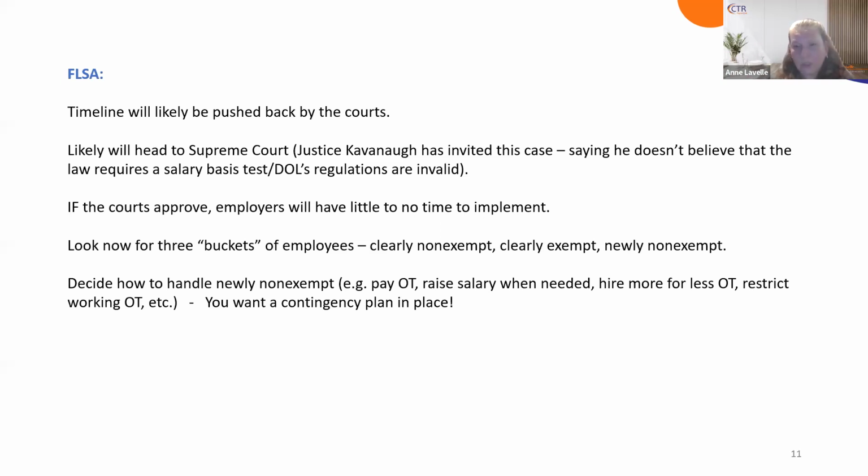Now, the second issue is a cultural issue, right? Oftentimes with exempt folks, there's a lot of flexibility. Not always, but usually. So an exempt person might be used to the fact that if I take the morning off to go see my kid's kindergarten performance and I come in the afternoon, nothing happens to me.